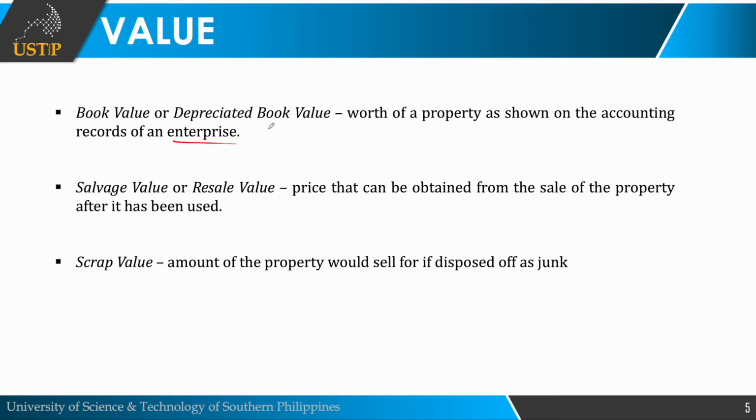For example, your car depreciates over time, so what's the book value after a year, after 2 years, after 3 years, and so on. So that's the value of your property at a certain time, the original cost minus the depreciation. So that's the book value or the depreciated book value.